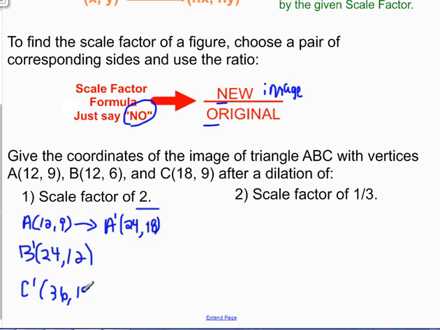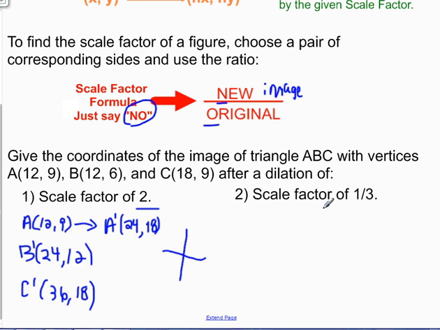Now what this is doing is creating new vertices for my image. If I were to graph this on a coordinate plane, one thing you would probably notice by the numbers is they're getting larger in this particular example because our scale factor is 2. So our image is getting bigger. It's enlarging.